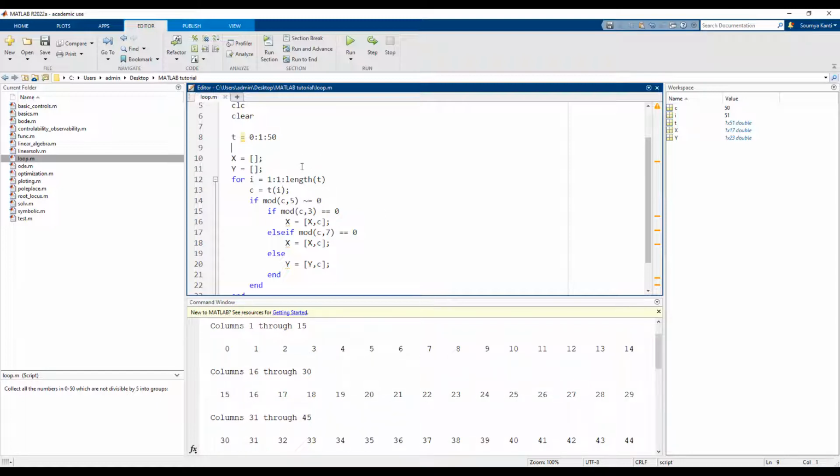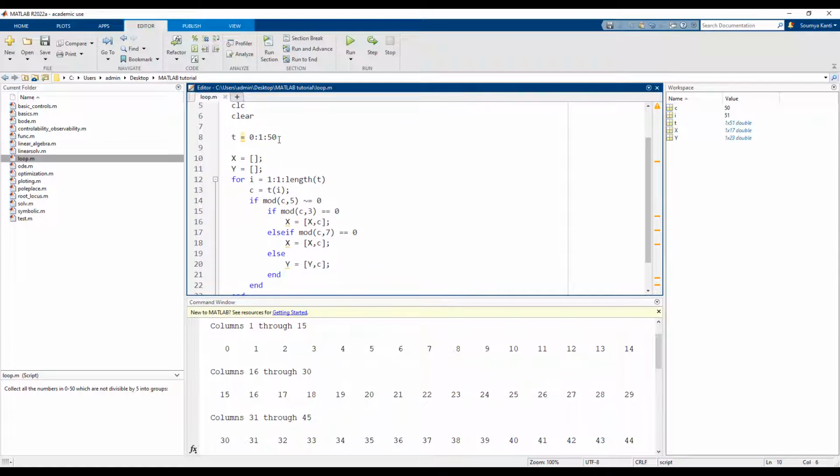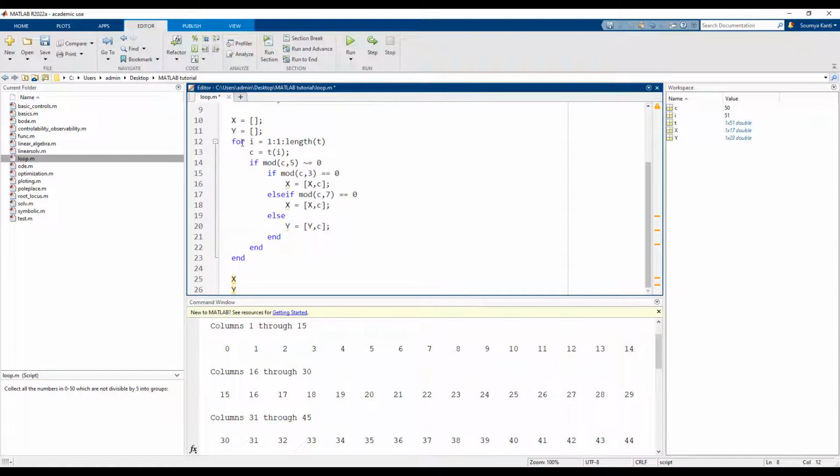Now here what we are doing is making these two groups separately. The first one is x and the second one is y. We start with null. If you don't have anything in the brackets, actually this is like null. Then we are starting a loop. Here you can see we are starting that for. The looping variable is i, so it will run for i.